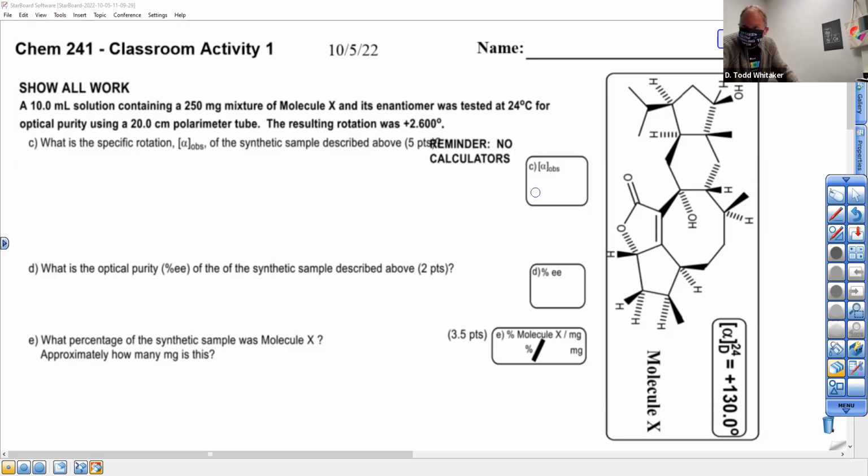Trust me, if you put plus 13 here, it makes the next calculation real easy because you're going to divide 13 by 130 times 100. You're going to get full credit down here for your 2 points. So pick a nice number that, since you screwed up, makes your life easier. And you can get those two and then these 3.5.